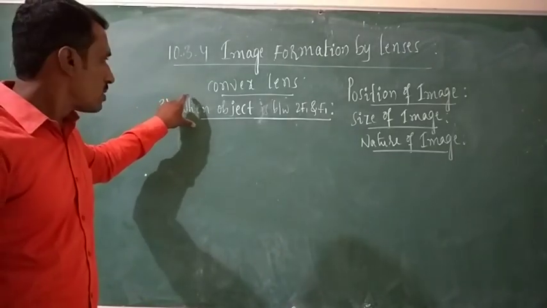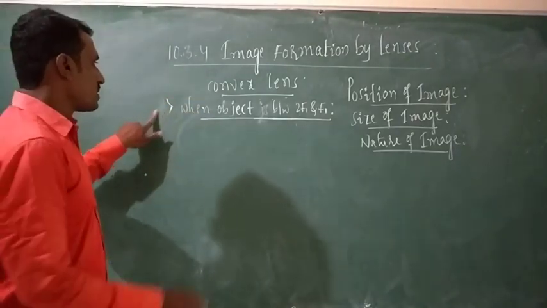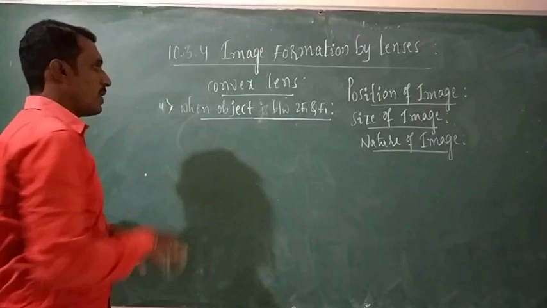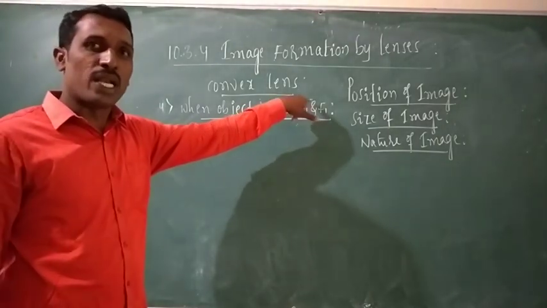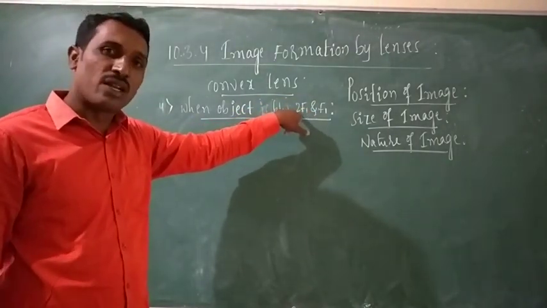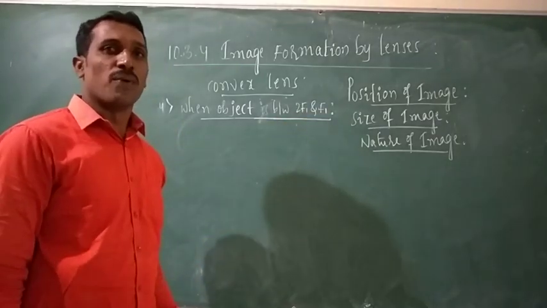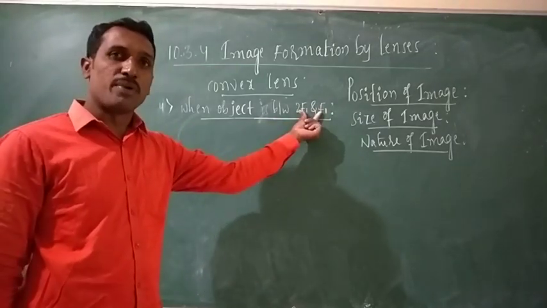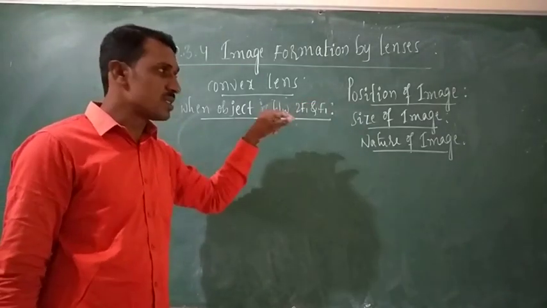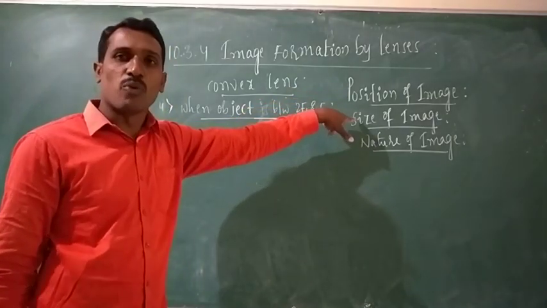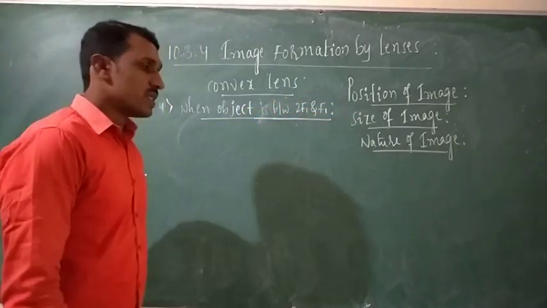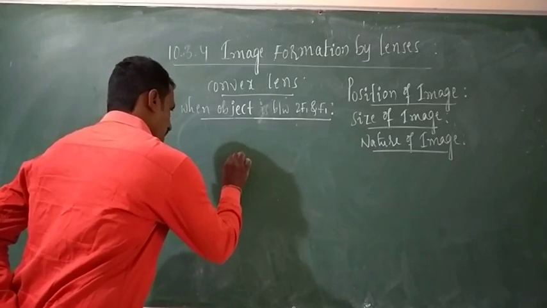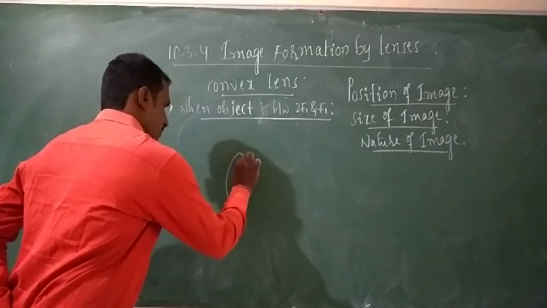Okay students, our next case is when object is between 2f1 and f1. 2f1 is called center of curvature, f1 is called focus. If object is placed between center of curvature and focus, where its image will form, what is its size and nature, we will study now. I will draw one convex lens first.